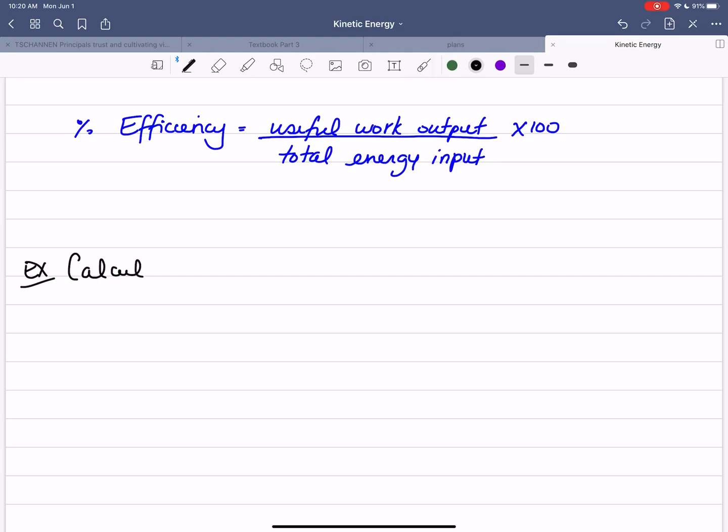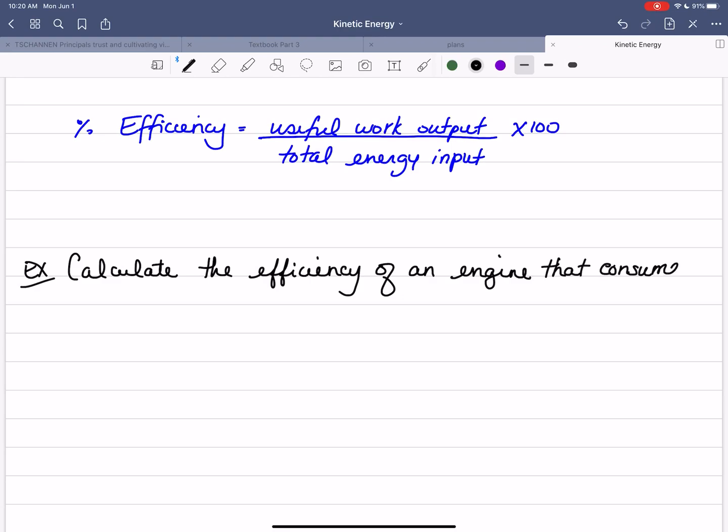So calculate the efficiency of an engine that consumes 3.50 times 10 to the 3 joules of energy to do 2.30 times 10 to the 3 joules of work.